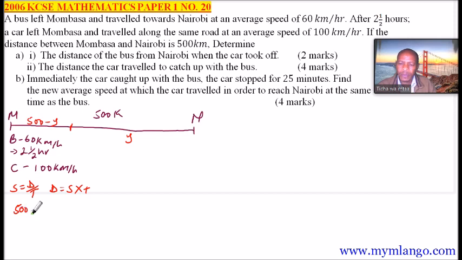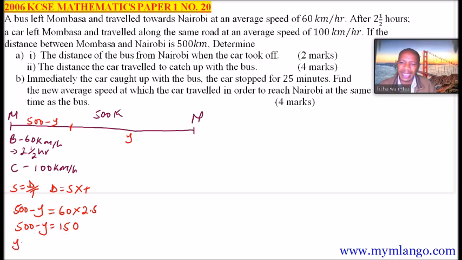So 500 minus y is the distance covered, equal to the speed of the bus, 60 kilometers per hour, multiplied by time, which is 2.5. Use your calculator to get this. You get 150. So you bring y to this side, it becomes positive, and 150 to the other side becomes negative.